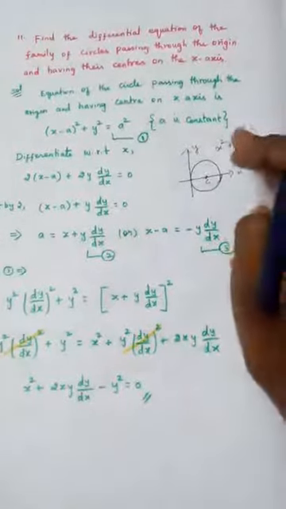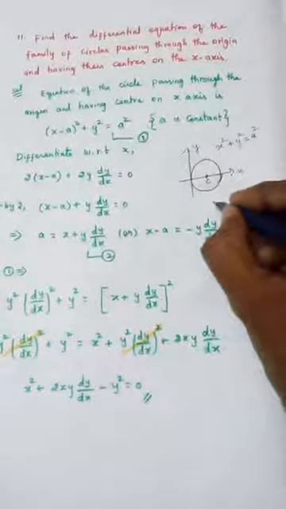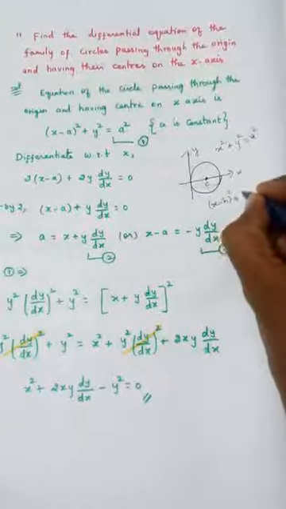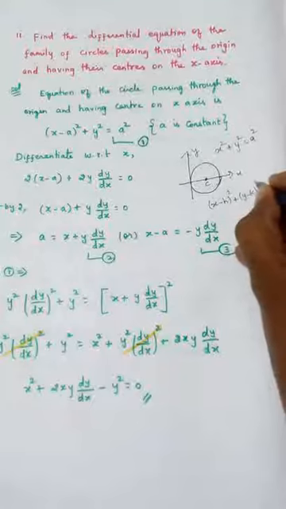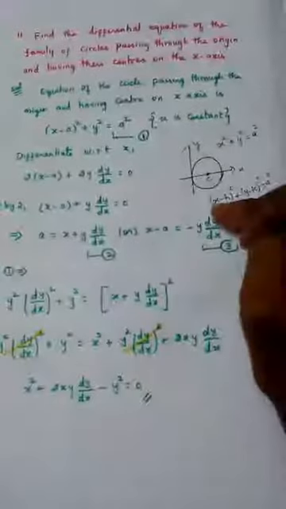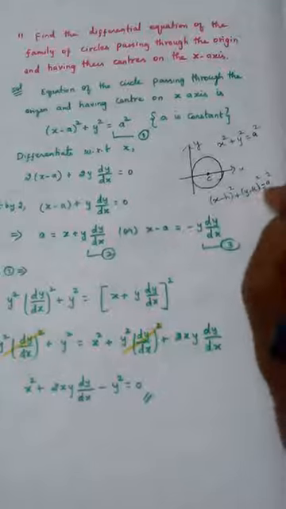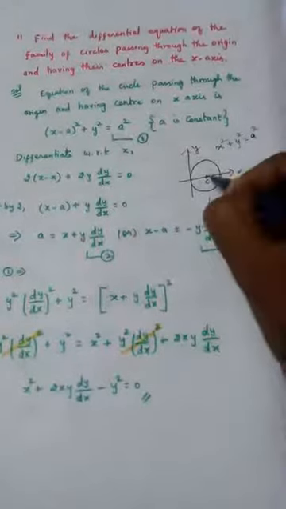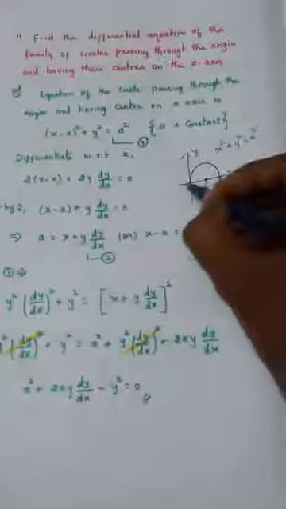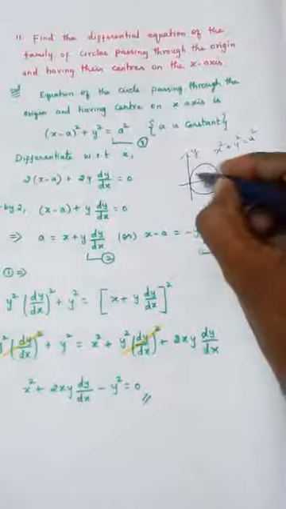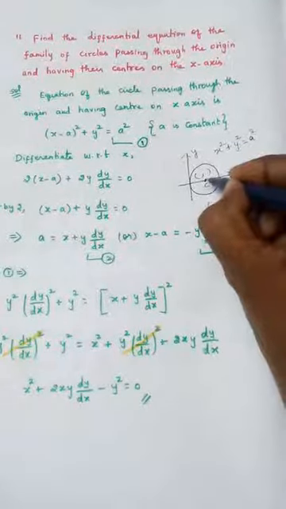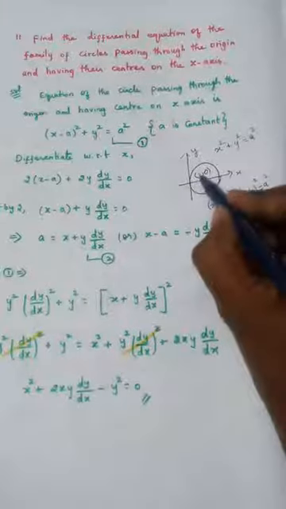If the center is not at the origin, the general equation is given by (x minus h) whole square plus (y minus k) whole square equal to a square. This is the more general form of a circle equation, where h comma k is the center. Now for this circle, what is the center? Since the center lies on the x-axis, the y value will become 0, and x will be some value.